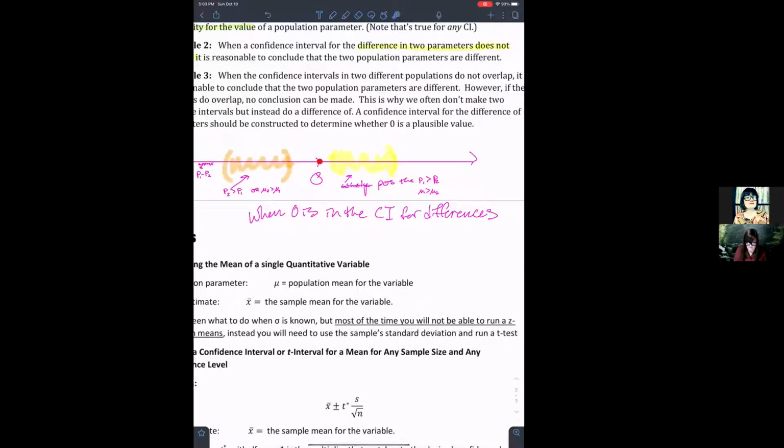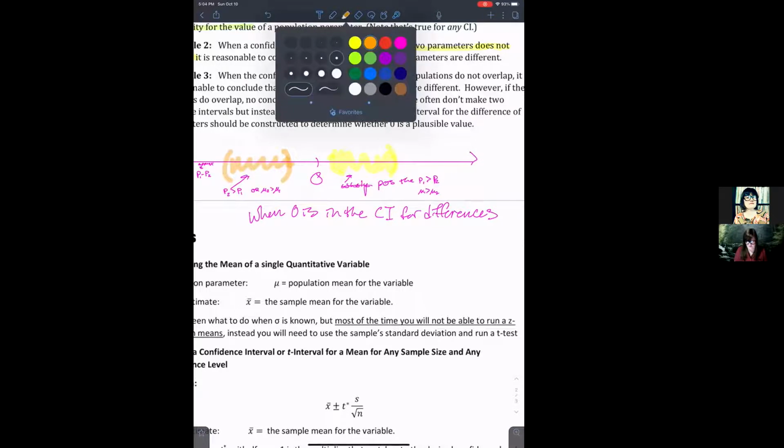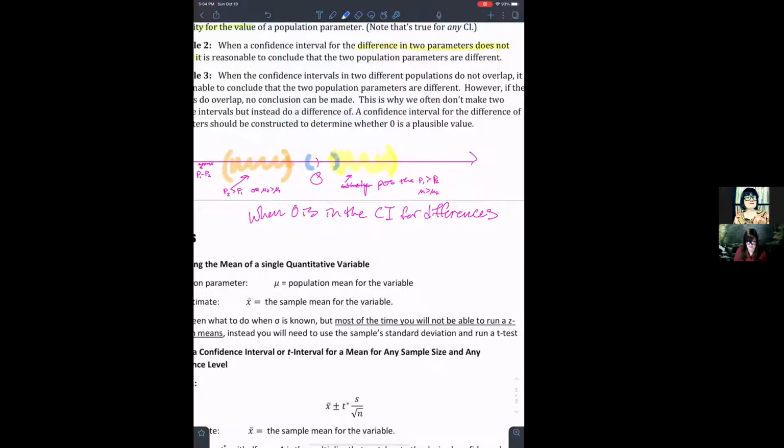Well, if 0 is inside of my confidence interval, that must mean I have one end of my confidence interval over here and one end of my confidence interval over there. Do that in blue. That's the only way for 0 to be within my confidence interval.